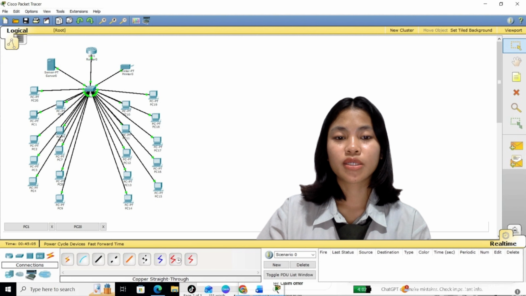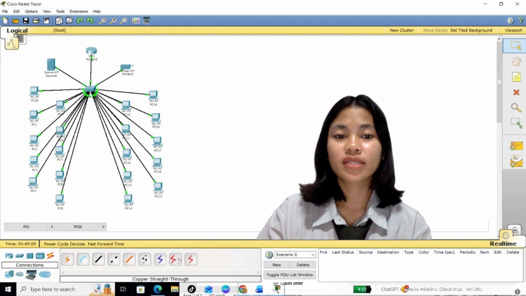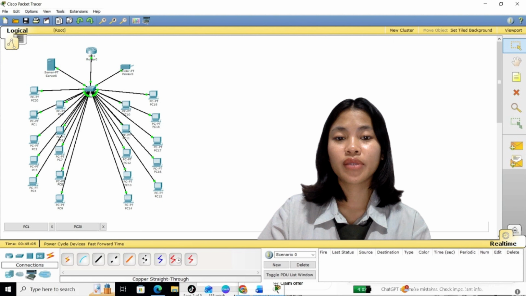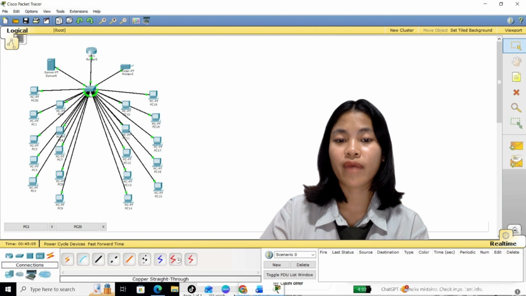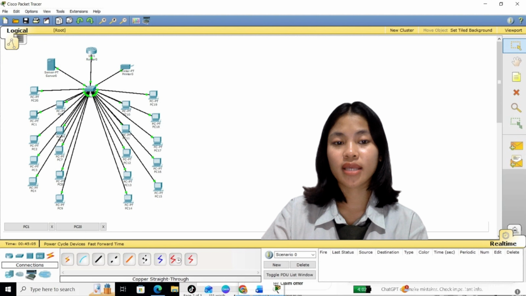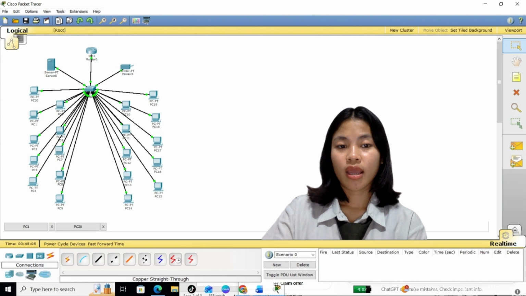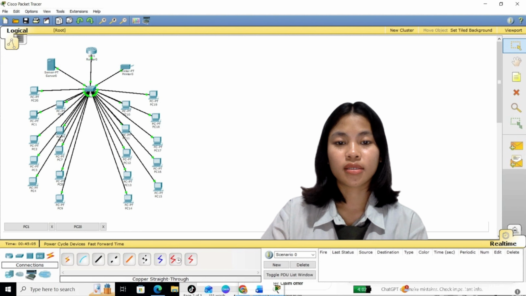Next, the IP address configuration was performed using the 192.168.20.0/24 network with a subnet mask of 255.255.255.0. The router used the IP address 192.168.20.1 as the gateway.